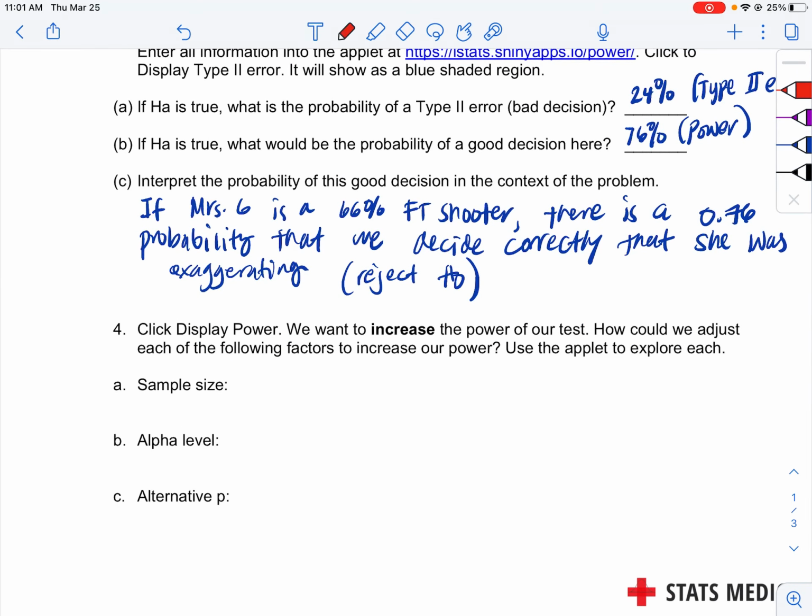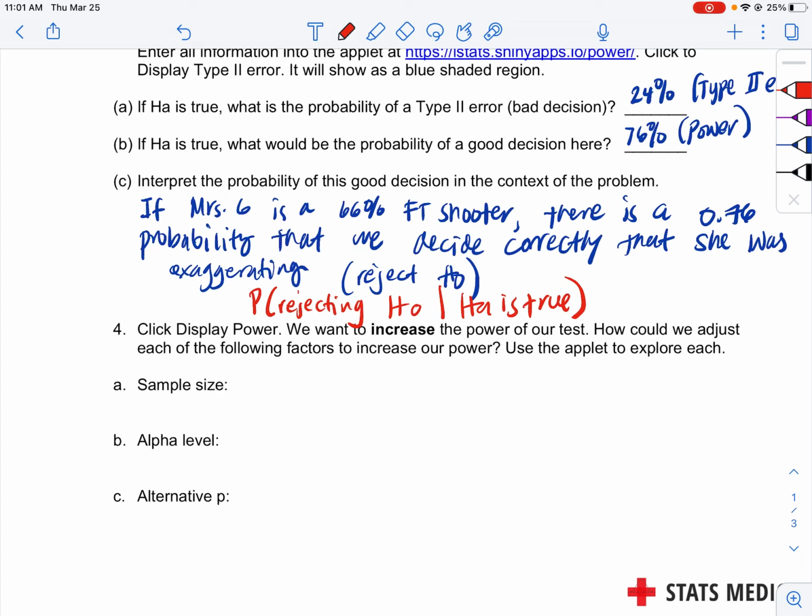Do you notice a conditional probability going here? The power is rejecting the null given that HA is true. Click display power. We want to increase the power of our test.